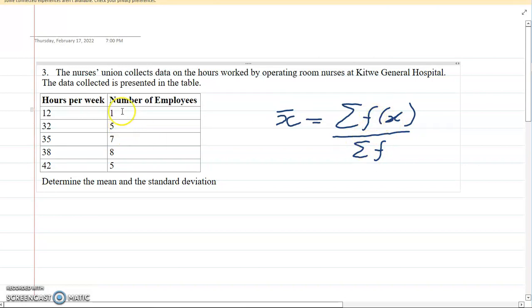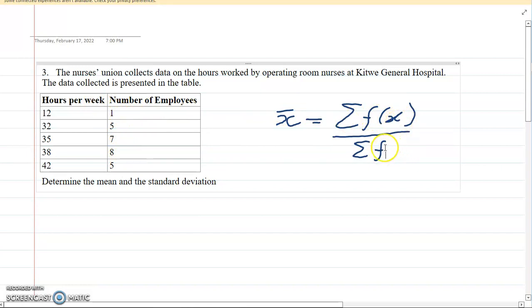So f is the frequency and x is this column variable here. To find f times x, we will just be multiplying corresponding terms: 1 times 12, 5 times 32, and so on. That will give us f x, okay, f times x. And when we add all that we're going to have sigma f x.